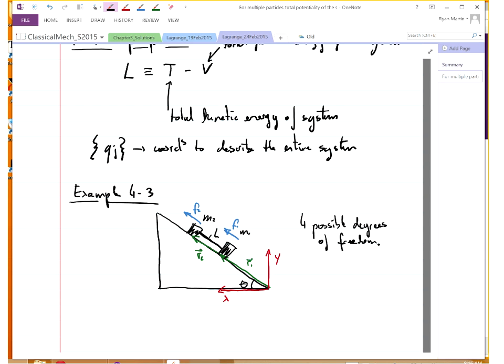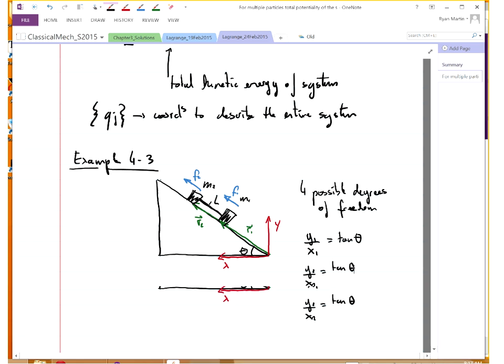But now x and y are not independent. For example, y1 over x1, the y position of block 1 over the x position of block 1, is equal to tan theta. Similarly, y2 over x2 is equal to tan theta. So that reduces the degrees of freedom to 2.